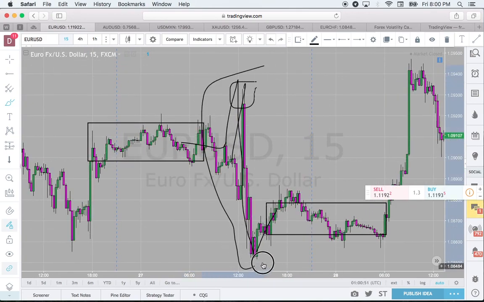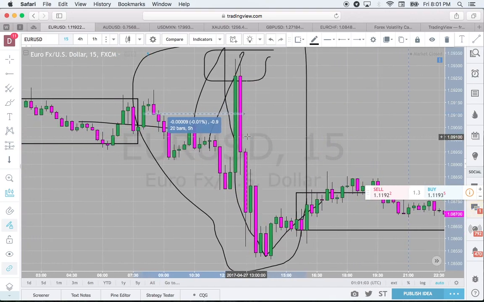This all happens, this large move all happens in a 5-hour period. Or if we wanted, we could say it happened in a 1-hour period.